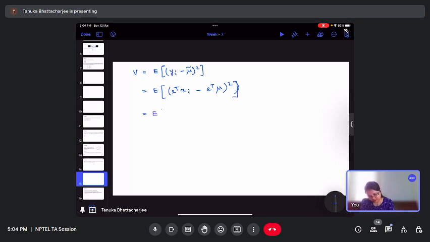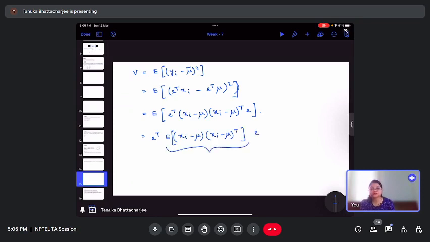So, that is equal to expectation of E transpose into xi minus mu into xi minus mu transpose E. E transpose and E can go out. So, expectation of xi minus mu into xi minus mu transpose, then E. This is basically the expression of the covariance matrix of your original data set X, right. Let us say we denote that by sigma. So, this is the variance of the projected data.